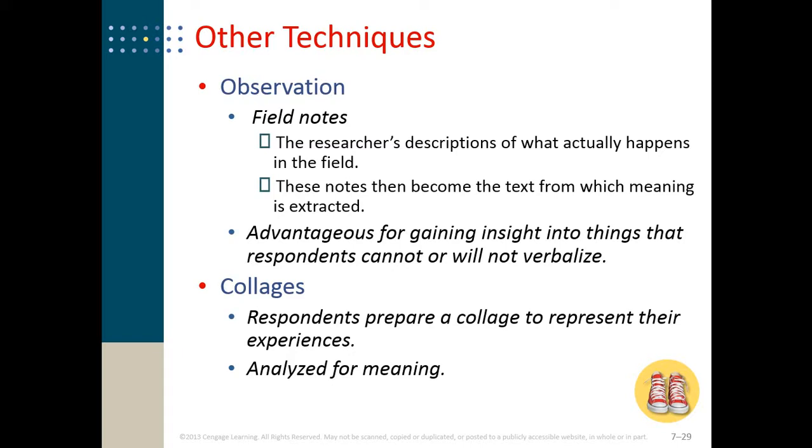Then collages. In collages, the respondent assembles pictures that represent their thoughts or feelings. Respondents will be asked to assemble some pictures that represent their feeling on a particular issue. For example, you ask your respondent to make a collage on a motorbike.